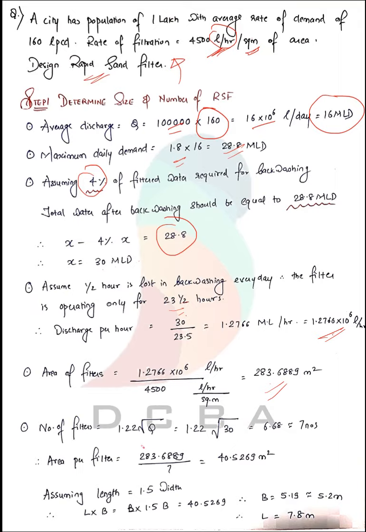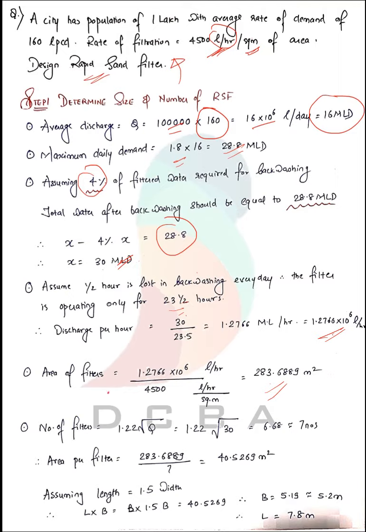So it is 1.22 into root Q, which will give you 6.68, which is approximately equal to 7 numbers. So total rapid sand filters required for this population and for this filtration of 30 million liters per day is how much? 7 numbers, right?